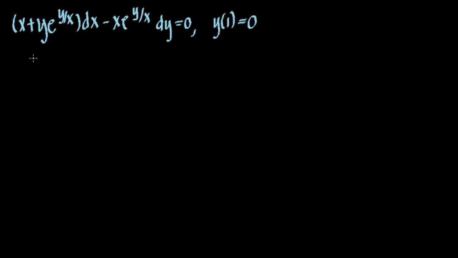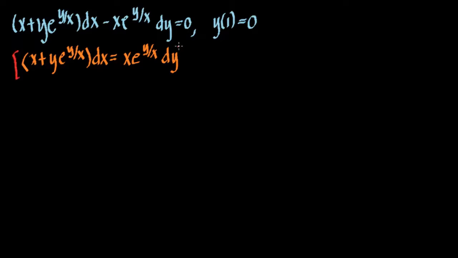Now let's try to change this differential equation into the form of dy over dx is equal to a function f in terms of y over x. We have x plus y e to the y over x times dx is equal to x e to the y over x times dy. I'm trying to change the format.